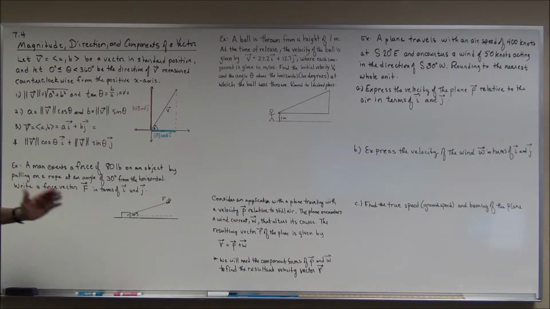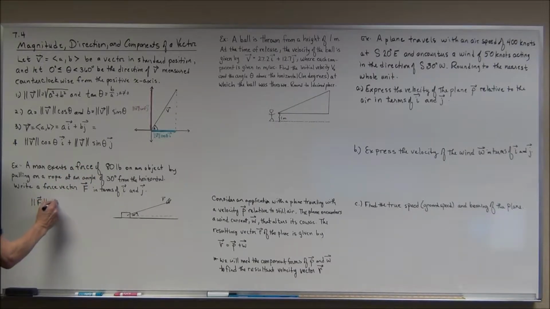Now I know it's not perfectly 30 degrees. It looks like it's a little smaller than that, but I just eyeballed it as best I could. What I want to do here is make note first off that the magnitude of this vector is 80 pounds. That part's given. This is a force vector, that's why I'm using a capital F here.